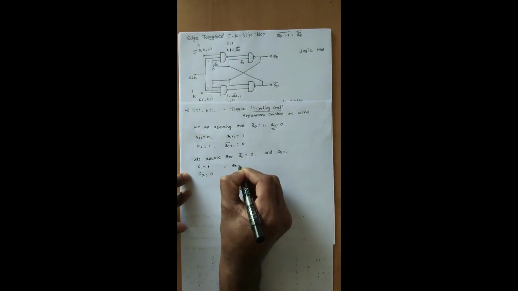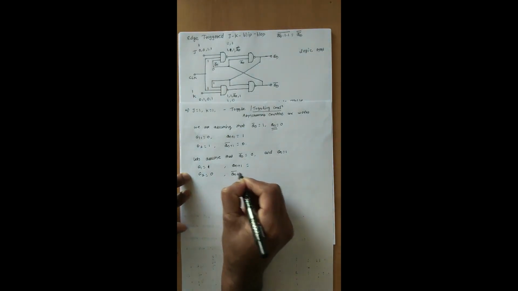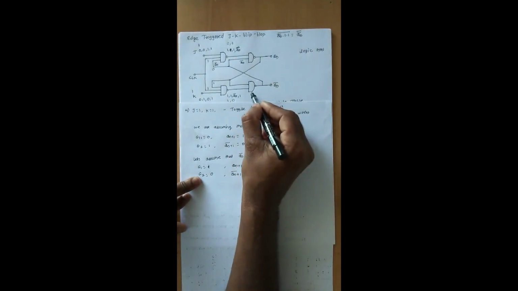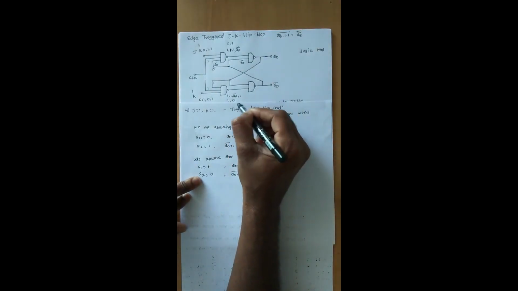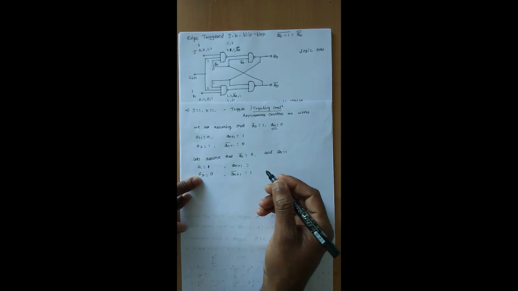From this point we easily find the complement output of the next state. If any one input to the NAND gate is 0, then the output will be 1. If this is 1, definitely Q of n, that is the next state non-complement output, will be 0.